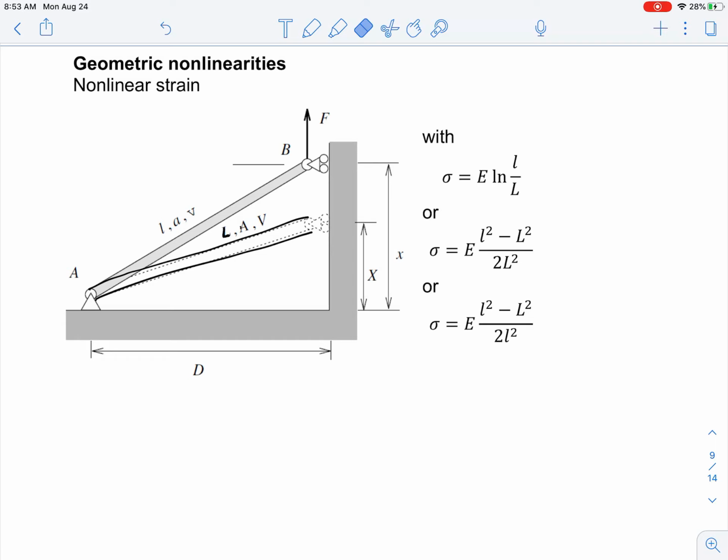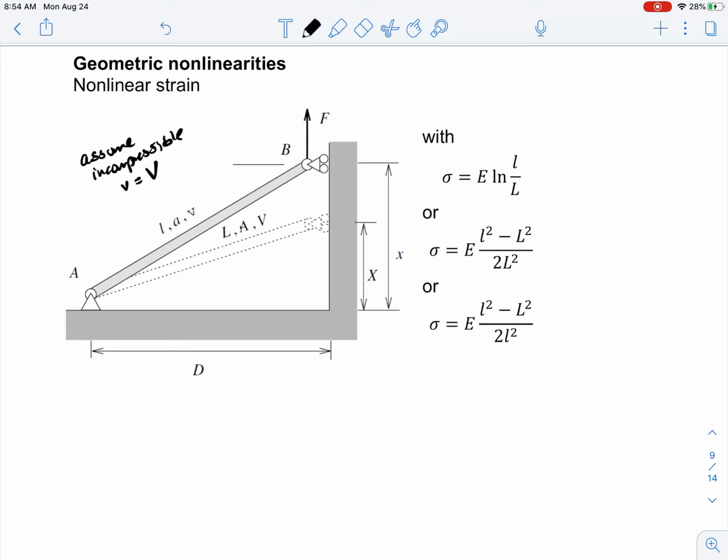And then due to that force, the bar moves up, and then it gets stretched. So now you have some deformed length little l, some deformed area little a, so assuming incompressible, which means little v equals big V, so the volume stays the same, right?